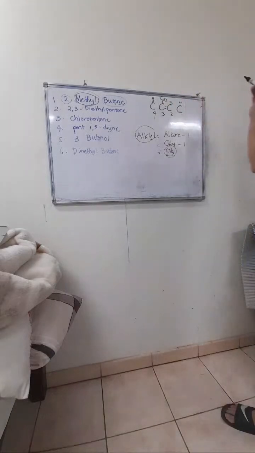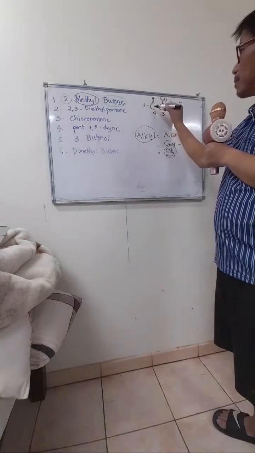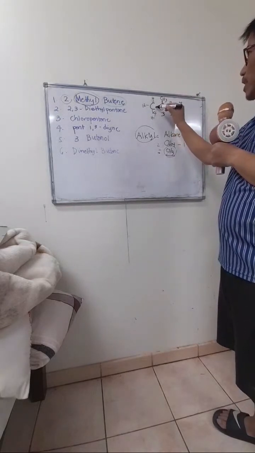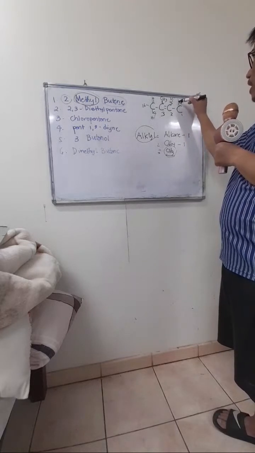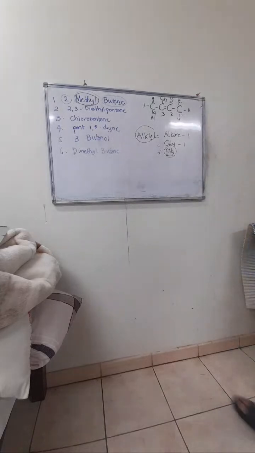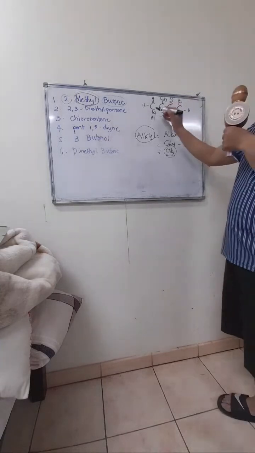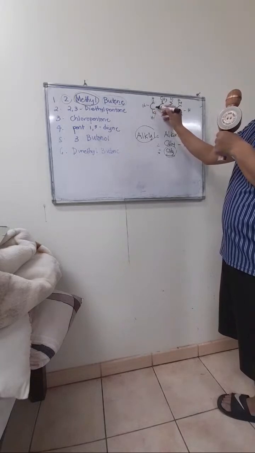We have now H. Supply the other carbon atoms' bonds with H. Get the point? So count the bonds. For carbon number 1, 1, 2, 3, 4.